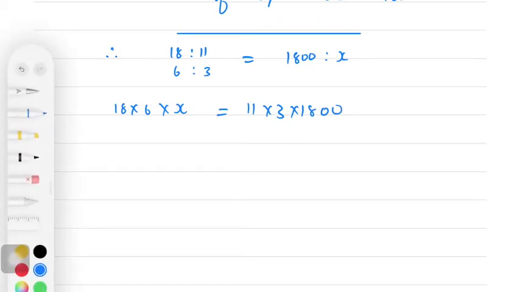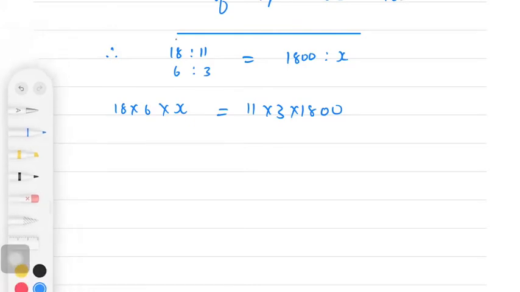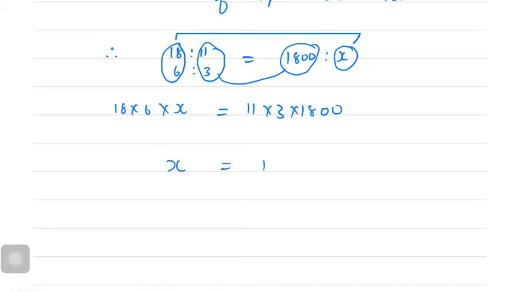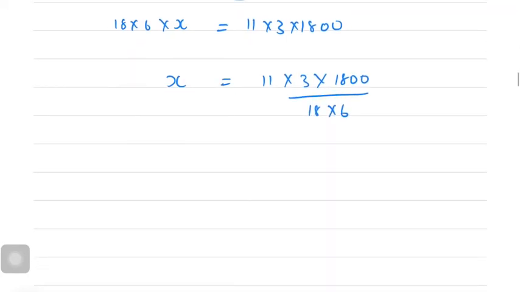Okay. So 18 and 6 multiplied by x is equal to 11 and 3 multiplied by 1800. Okay. So x is equal to 11 into 3 into 1800 divided by 18 into 6.